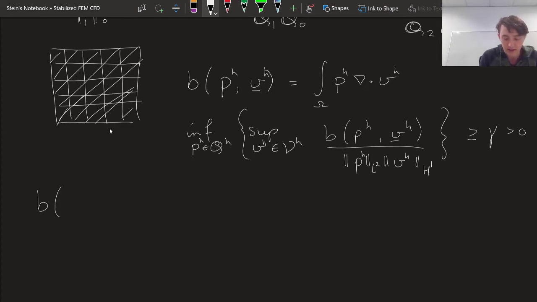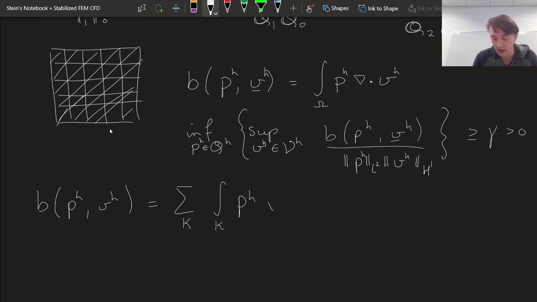So that then gives me that B(p, v) is going to be the sum over all these elements. I'll write that sum as sum over K. Each one of my elements I'll denote K, as the integral over K, one single element, of ph times divergence of vh inside of that element.